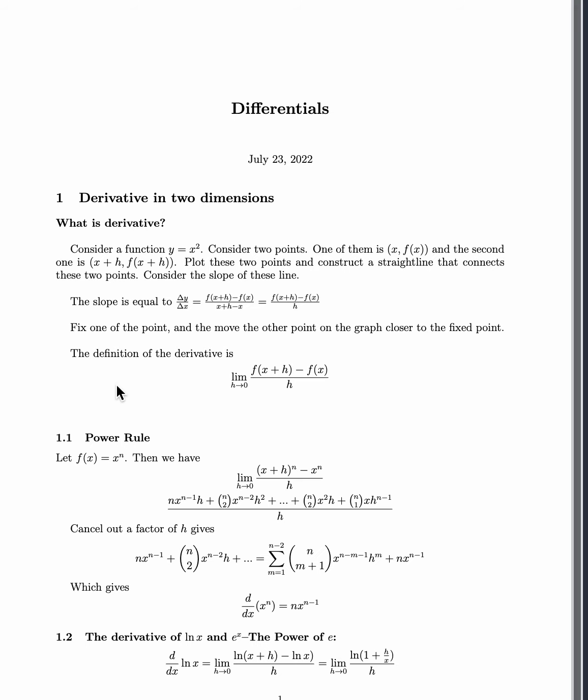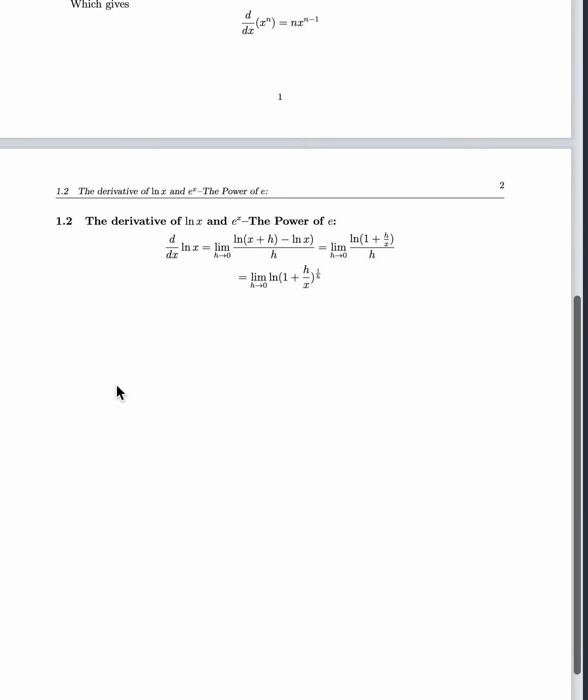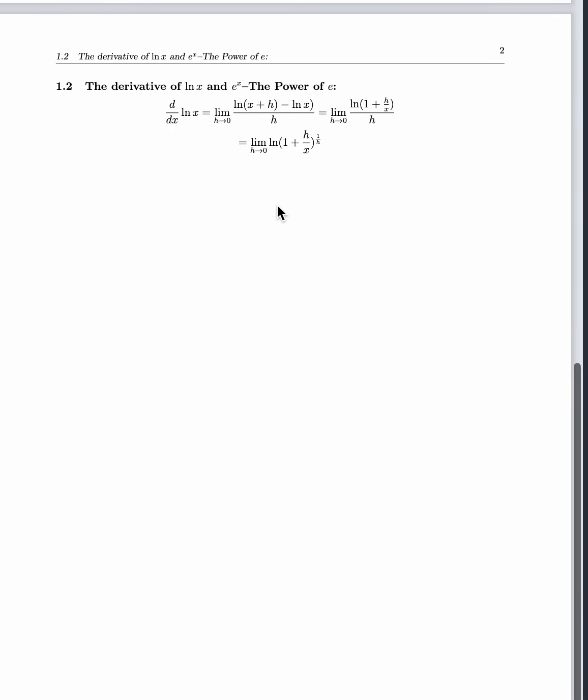Let me explain what I did here. I just used the property of logarithms to simplify it into an exponent and a log.